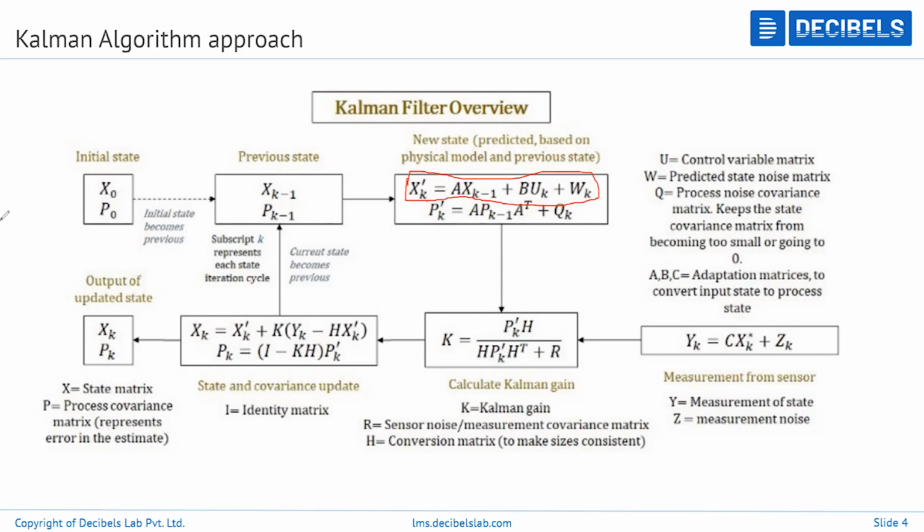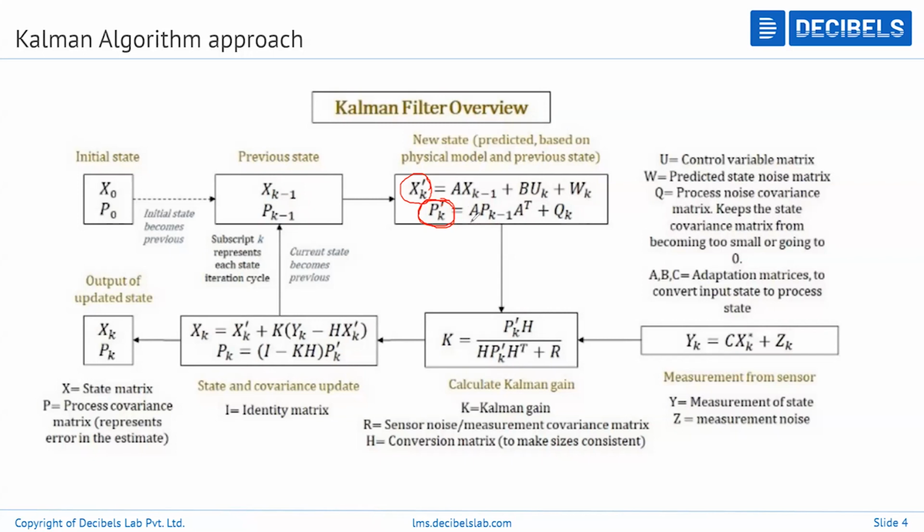So in simple terms, this P of k, with the dash, is nothing but the error in estimate. So if this is your estimate, obviously there is going to be some error, right? That error in estimate is represented by this equation.